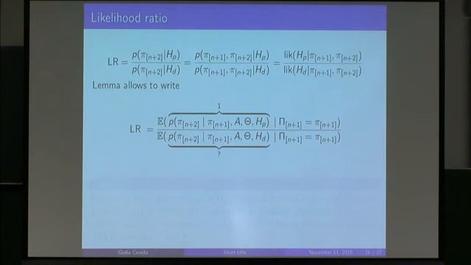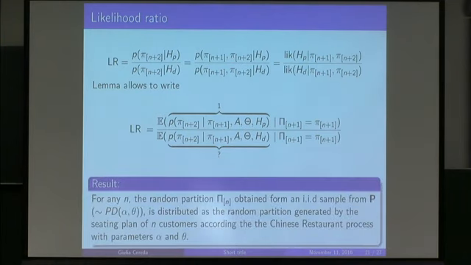Well, we can use a nice result about the Chinese restaurant process, which says that if you look at the partition that you get from your database, so I mean a distribution that you get partitioning an IID sample from P, and then you look at the partition that you got when you look at the sitting plan of n customers inside this Chinese restaurant process, these two partitions have the same distribution.